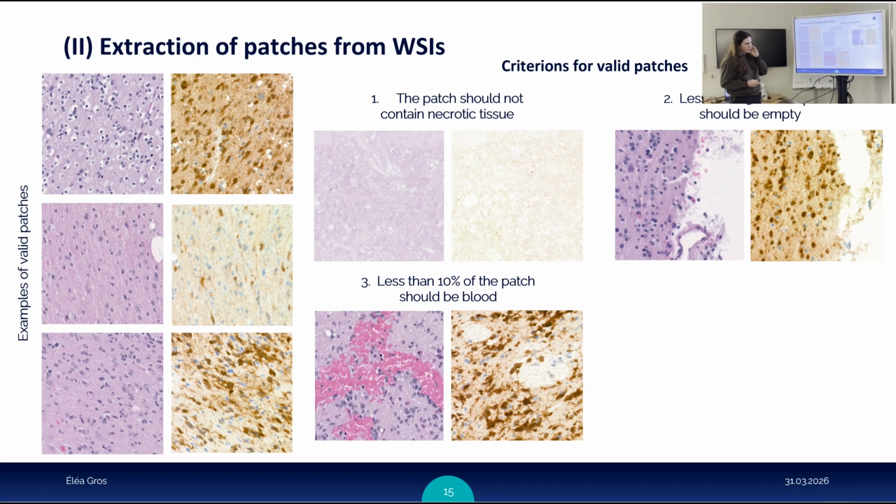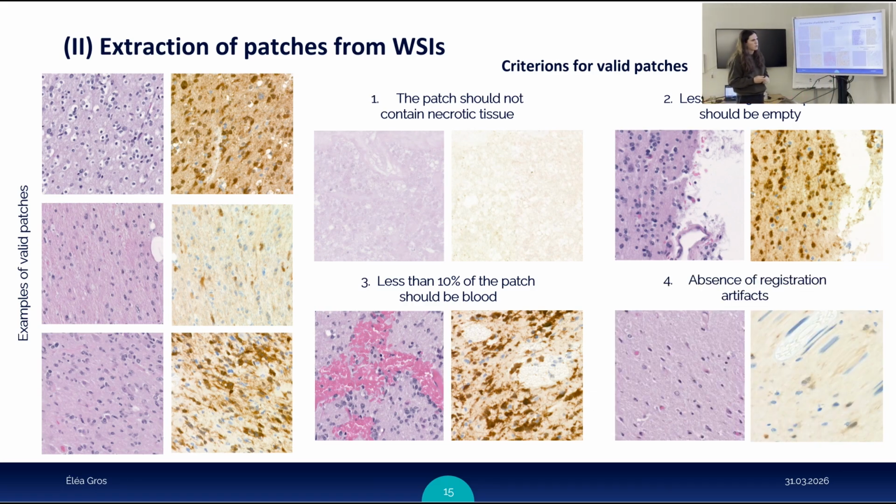We removed patches with a high quantity of blood, because then we would have a lot of blood cells, which could contaminate the ground truth. And because we used a non-rigid registration, there were registration artifacts, so these patches with registration artifacts were also removed from further analysis.